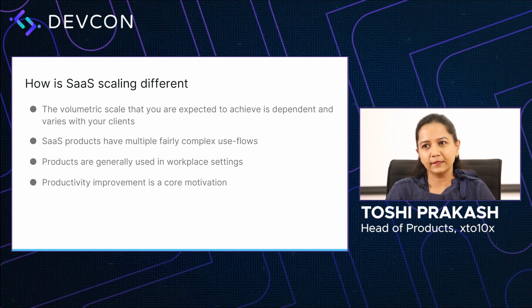Also, in the end, these tools improve productivity of the users. They want to get their work done faster and better, which means that your product needs to respond to their expectations also. They need to be fast, they need to be secure, and they need to make work easier. Sometimes it's not easy to do, specifically when you are increasing your scale very, very fast.